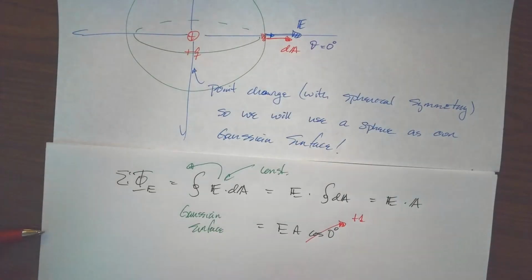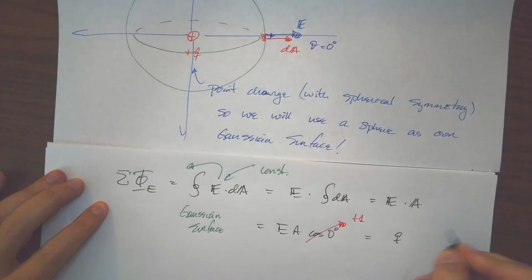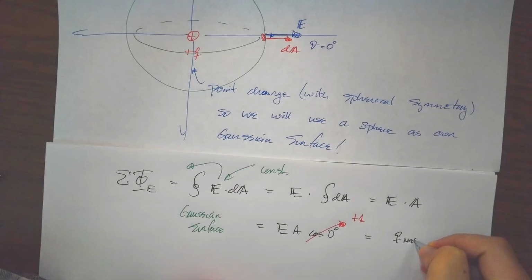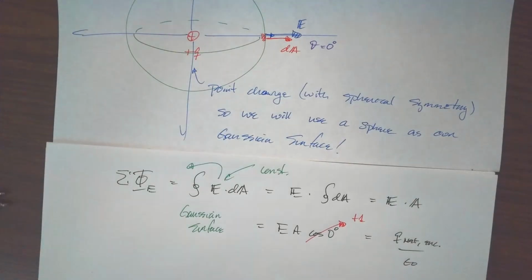This implies that what we had was some sort of positive charge, so this is our net enclosed charge over epsilon naught.